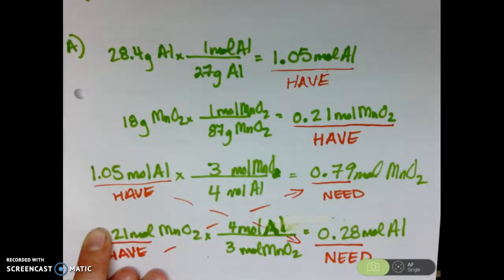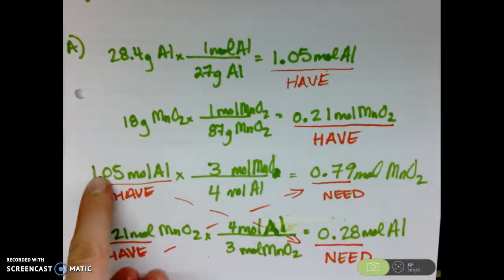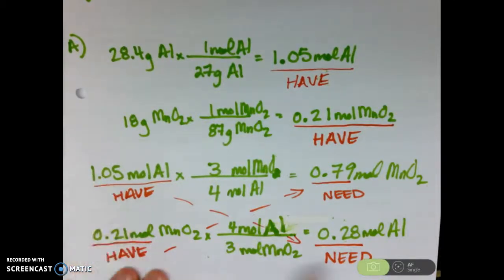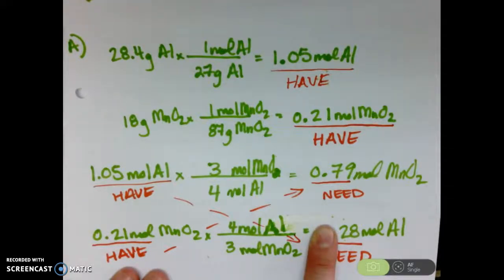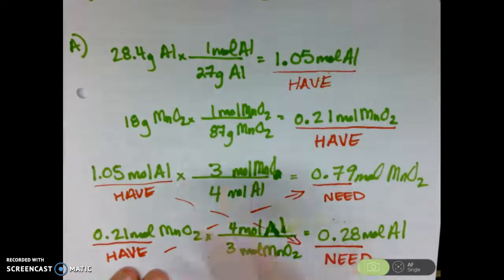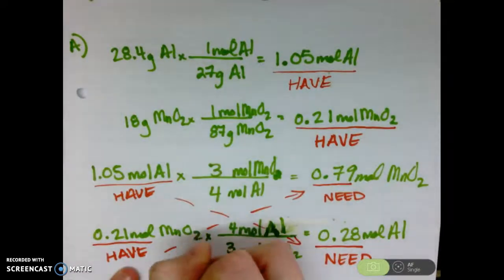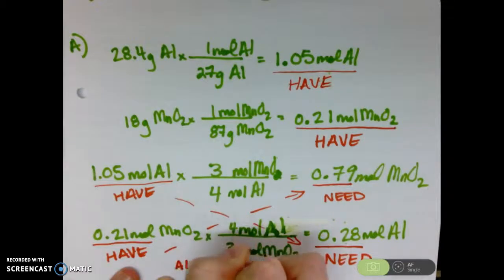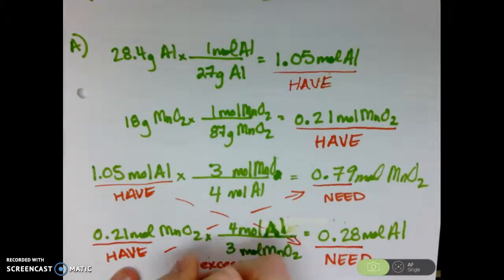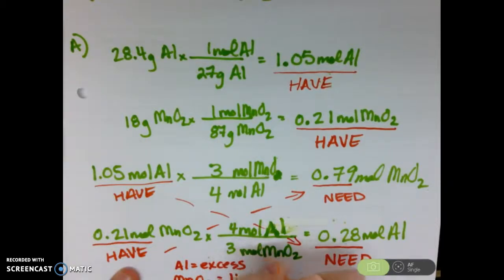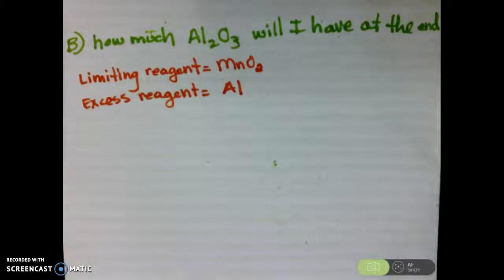Now let's look at the other one. Again, hide the decimal. If I have 105 aluminums and I need 28, then I have a whole lot more than I actually need. So aluminum is our excess, where manganese dioxide is our limiting reagent.